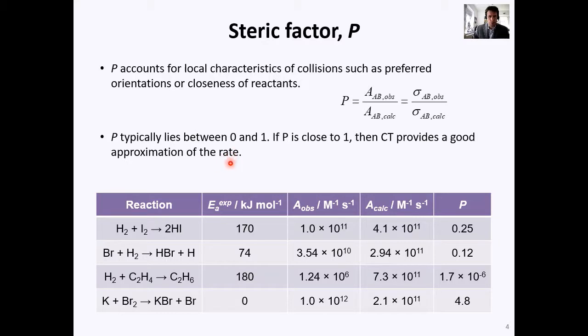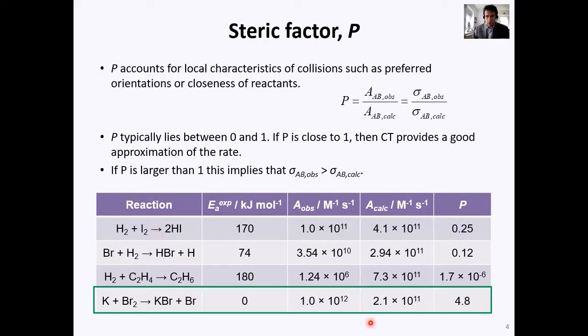And it's worth noting that generally speaking, these three values in the top 3 rows of the table are pretty common. It's commonly the case for bimolecular reactions that collision theory will provide a value of P between 0 and 1, and that the approximation of the rate is going to be better for simpler reactions, as we already said in the previous slide.